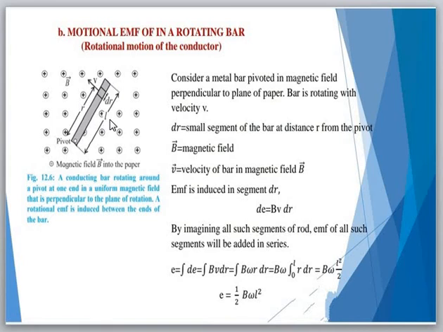To find the induced EMF between the ends of the bar, consider a segment of the bar which has a length dr at a distance r from the pivot. This is the distance of this small element of length dr from the pivot, which is denoted by r.